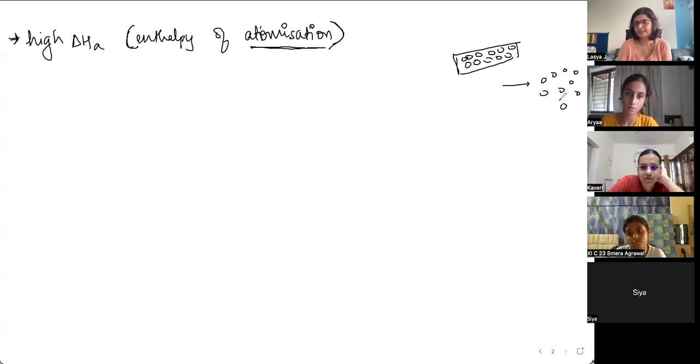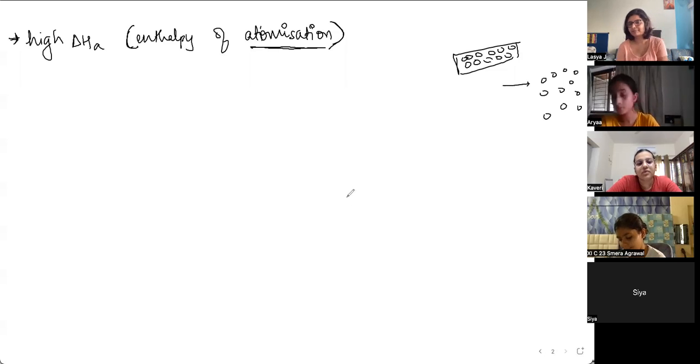No, enthalpy is just the energy change. It can be absorbed or released. You can decide that based on the numerical value, whether it's positive or negative. But it just refers to the energy.